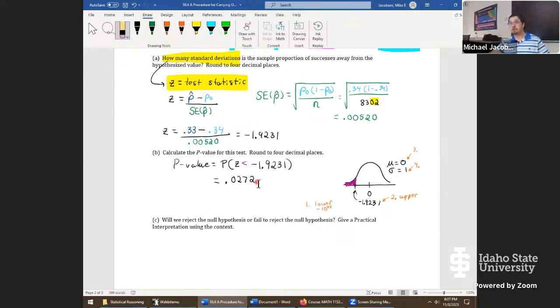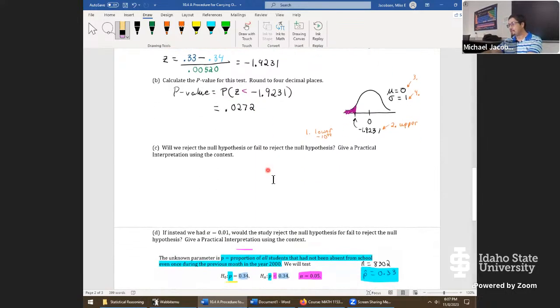I'm not sure if that's a small p-value or a large p-value, because what we need is the significance level alpha. Once that's on the paper, we can come back here. If our p-value is less than alpha, then we simply reject the null hypothesis in favor of the alternative. So always, if you're looking at the p-value, it's never the full story. It has to be compared against the level of evidence that we're after, 0.05.